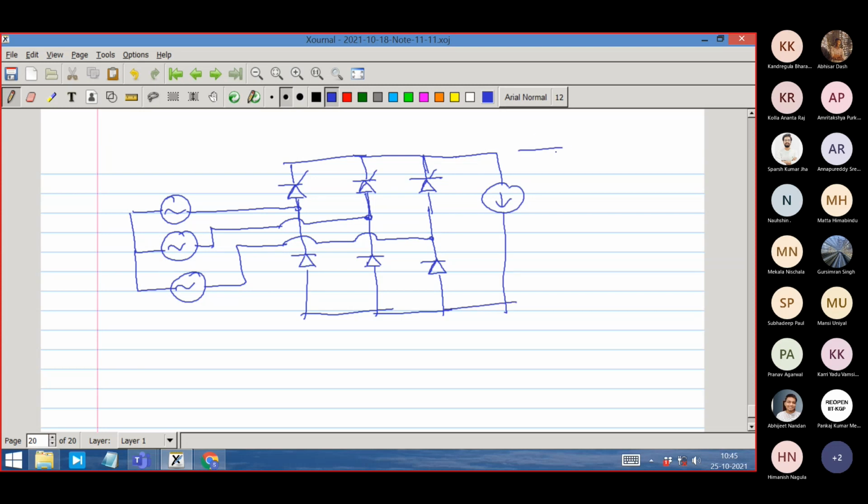So this I also name VD1N and this point I name VD2N. N is our reference. And this is plus minus VRN, plus minus VYN, plus minus VBN.